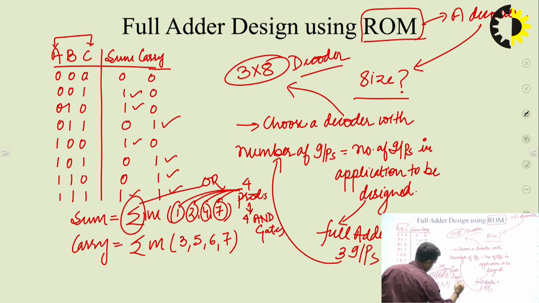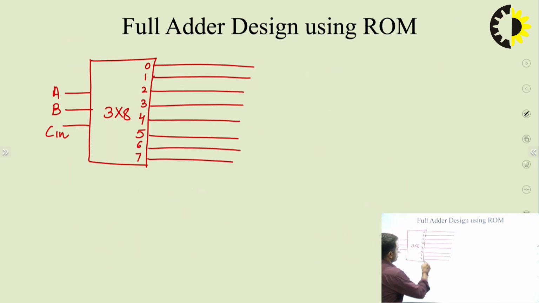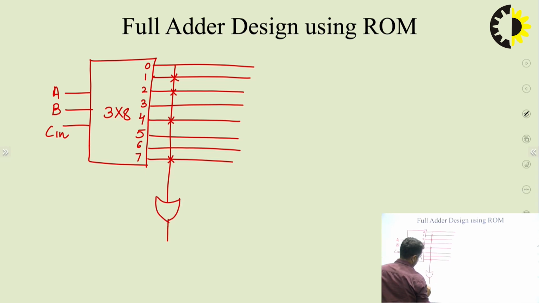Okay. So now the outputs of these 4 AND gates, AND gate numbers 1, 2, 4 and 7, need to be added using an OR gate. So 1, 2, 4 and 7. We have drawn a vertical line. On this vertical line, these 4, 1, 2, 4 and 7, are going to participate and are going to be added using an OR gate to produce the sum.